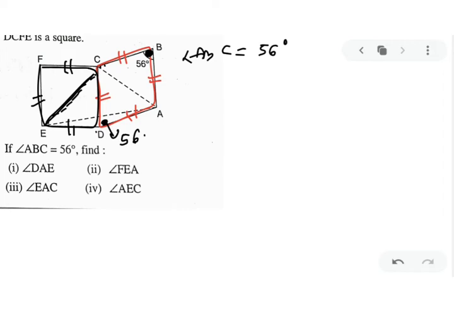Now I have given that if ABC is 56, therefore angle ADC will also be 56 because opposite angles of a rhombus are equal.